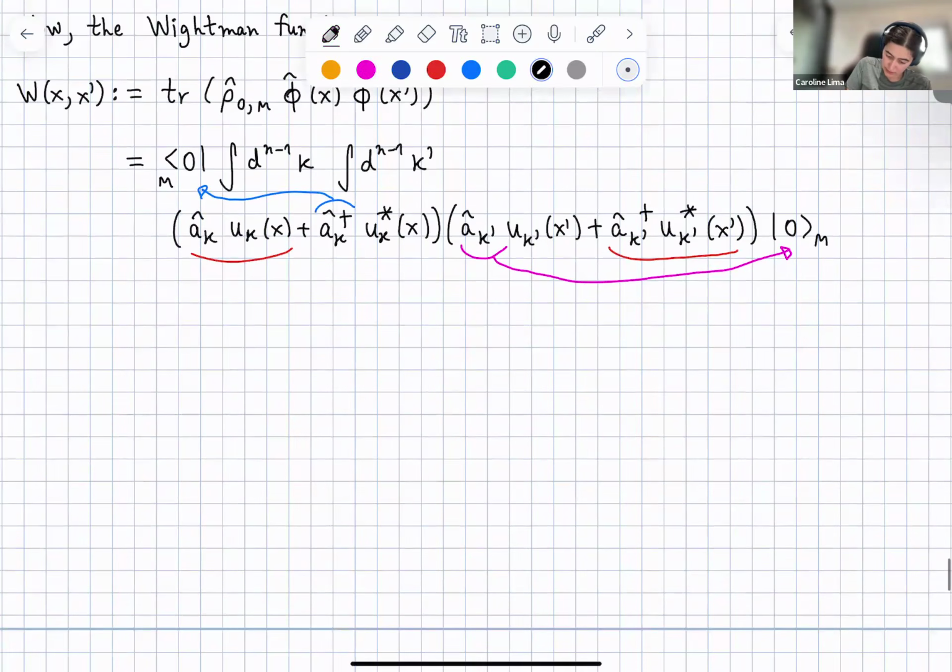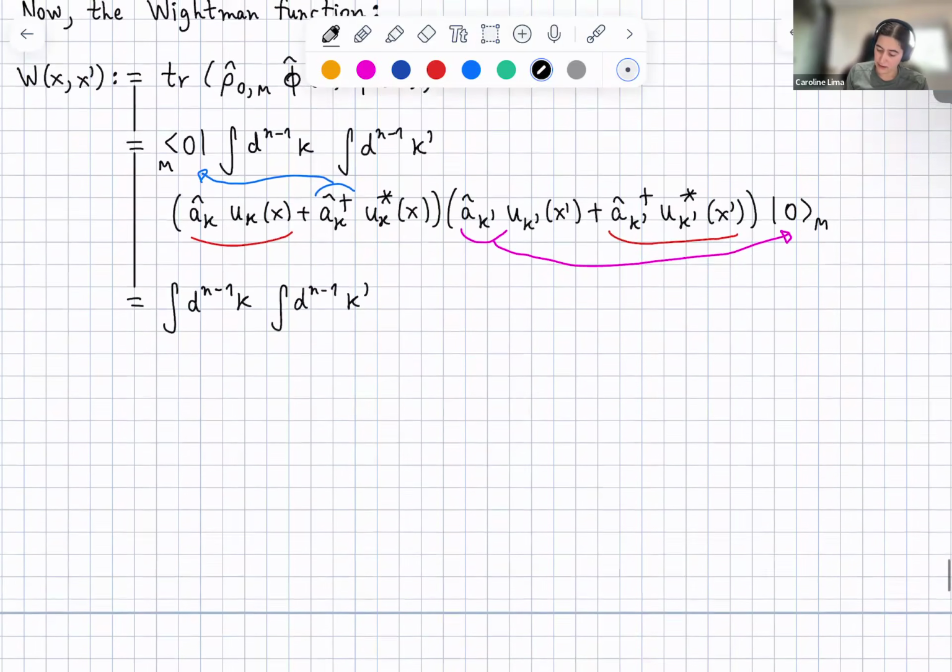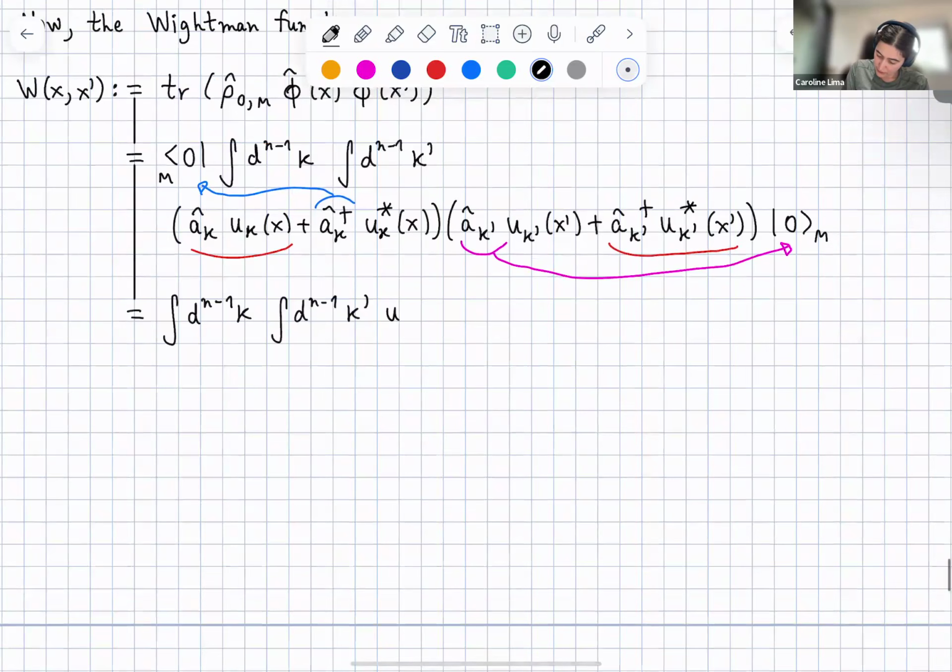Okay, so let's see. What is this? I'll just write the integral outside: d^(n-1)k d^(n-1)k prime. And then I'll get u_k of x, and u_k prime star of x prime.